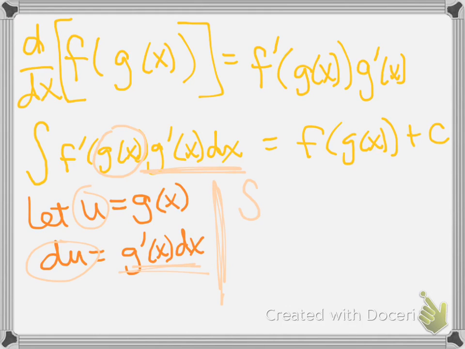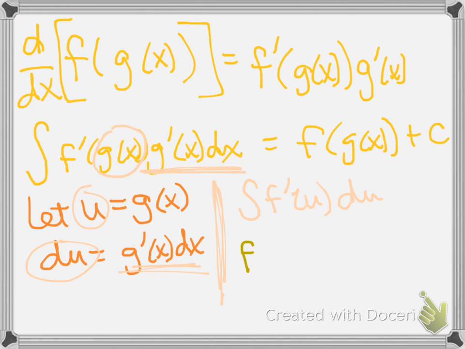So if I rewrite this with substituting, I end up with f prime of u, and then the entire expression g prime of x dx is replaced by du. And then I need to find the antiderivative with respect to u of f prime of u.